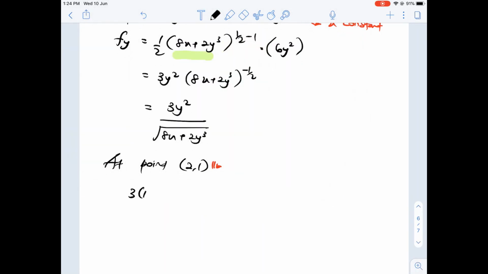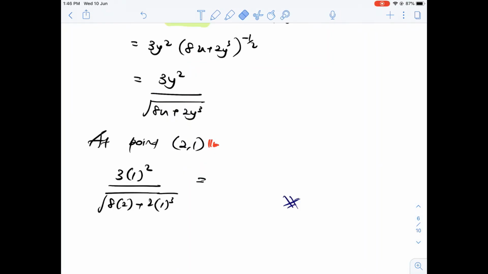So 3 times 1 squared over the square root of 8 times, coordinate x is 2, plus 2 times 1 cubed. So we have 3 times 1 squared is 3, over the square root of 8 times 2, 16, plus 2 should be 18. That's it.